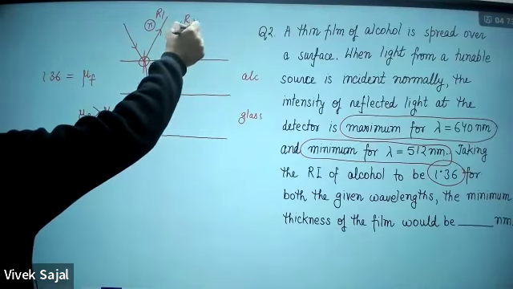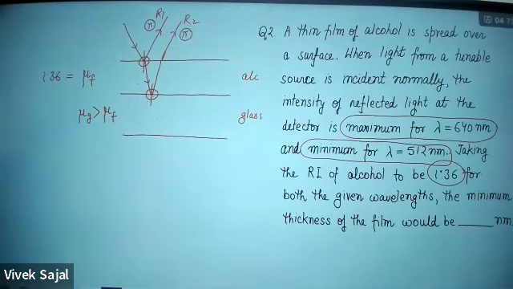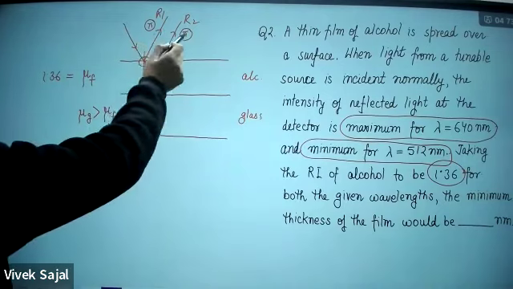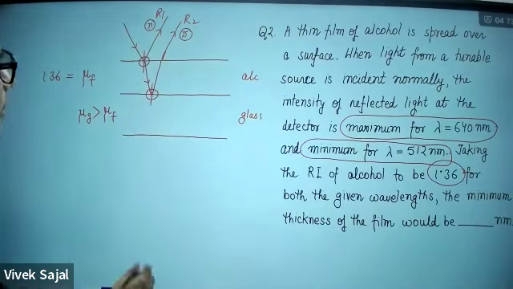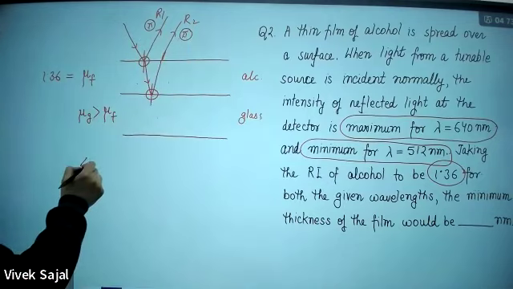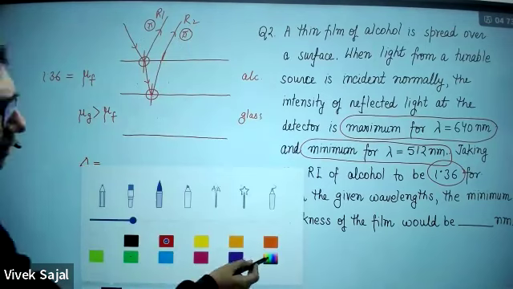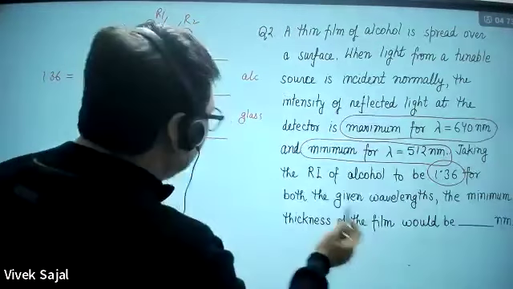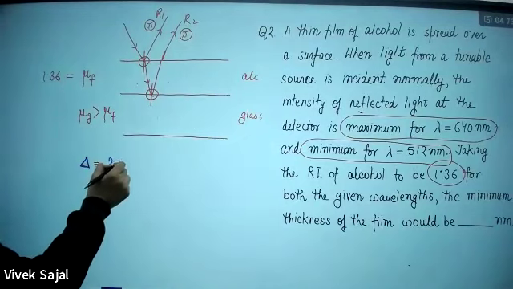So in between R1 and R2, you are having an extra phase of pi, so this is going to cancel out the extra path lambda by 2. So what will be the path difference here? That will be delta, and delta will be 2 mu f t.